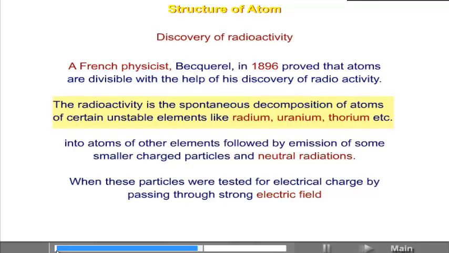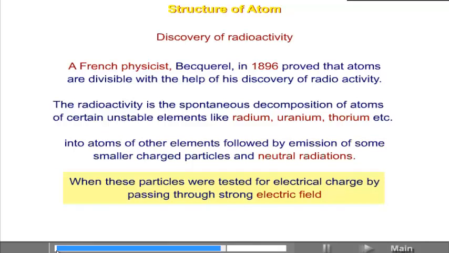Radioactivity is the spontaneous decomposition of atoms of certain unstable elements like radium, uranium, thorium, etc. into atoms of other elements, followed by emission of some smaller charged particles and neutral radiations.